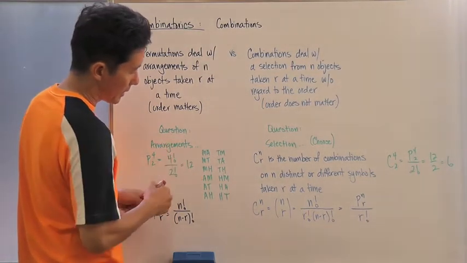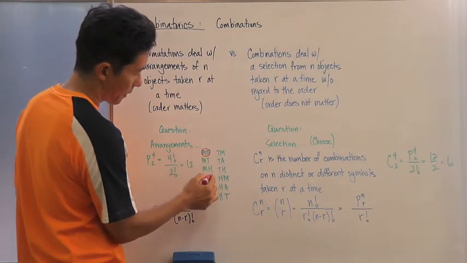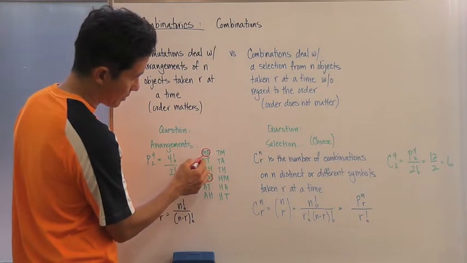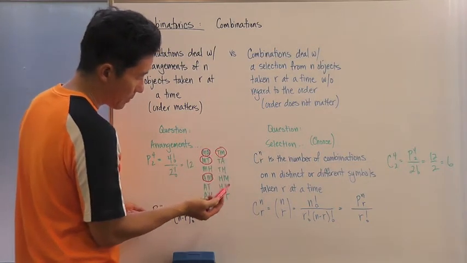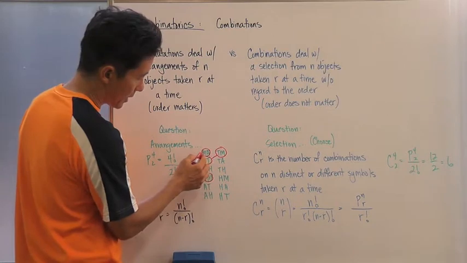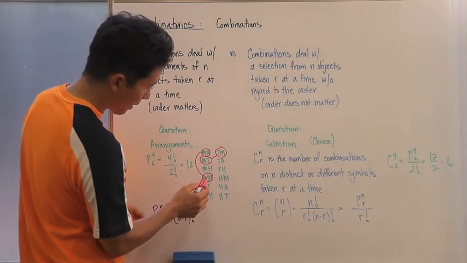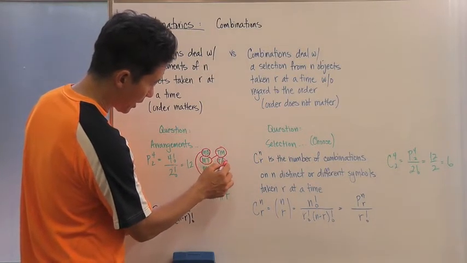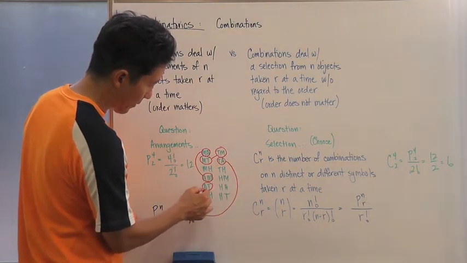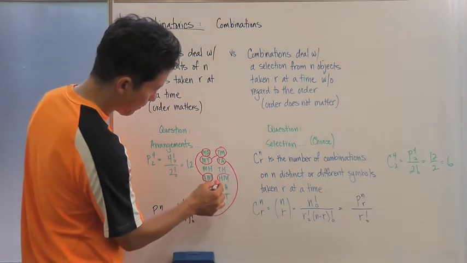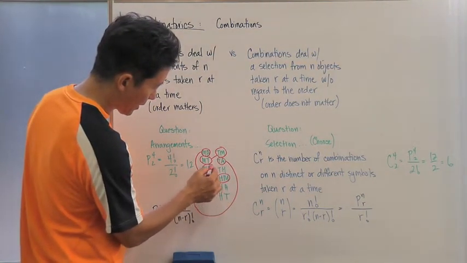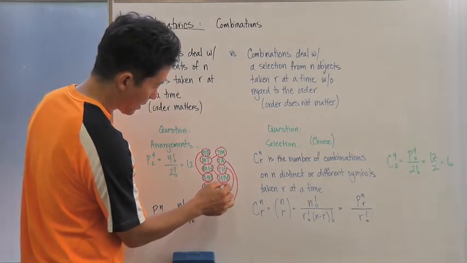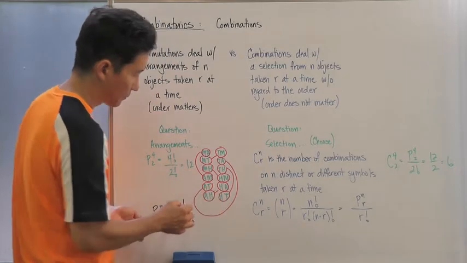So what that means is that these 2 are considered the same when we're talking about choosing. These 2 are also considered the same because they're composed of the same letters. So that one is the same, that one's the same. This one here is the same with this one here. This one here is exactly the same as that one there. The TH, and this one here is the same. And this one here is the same as this one.